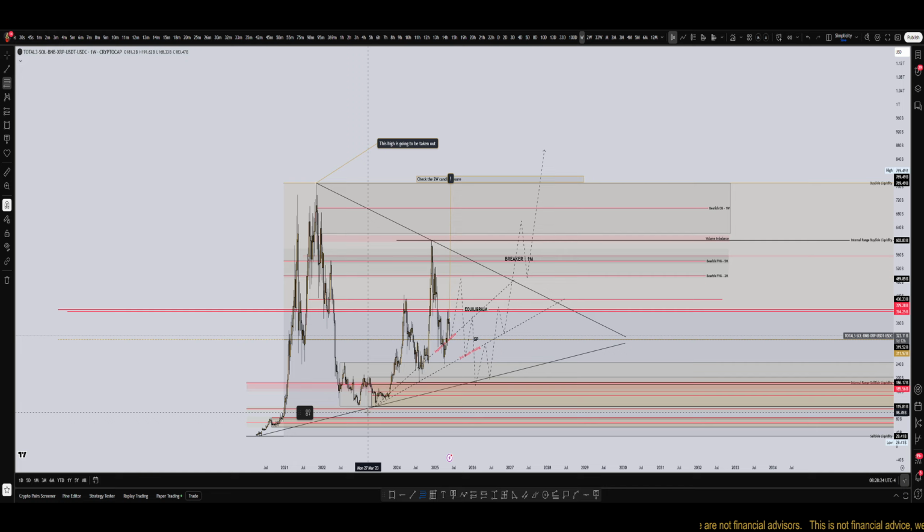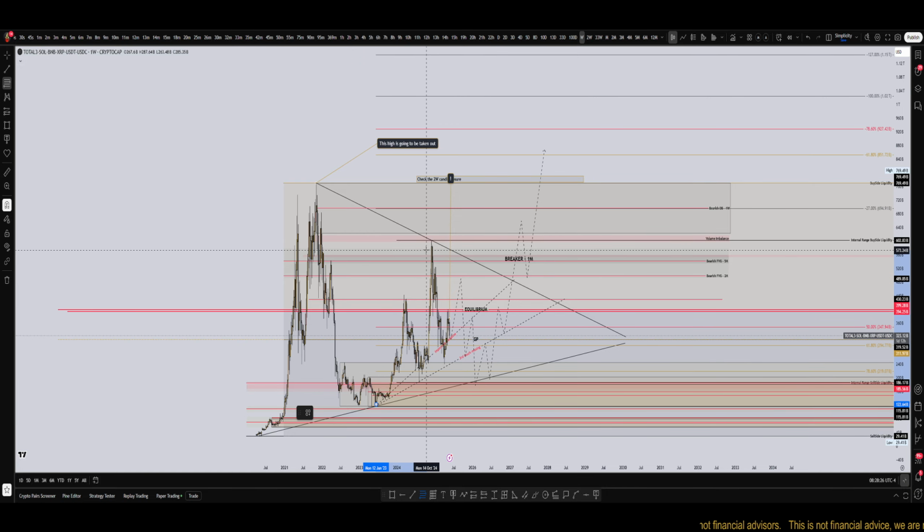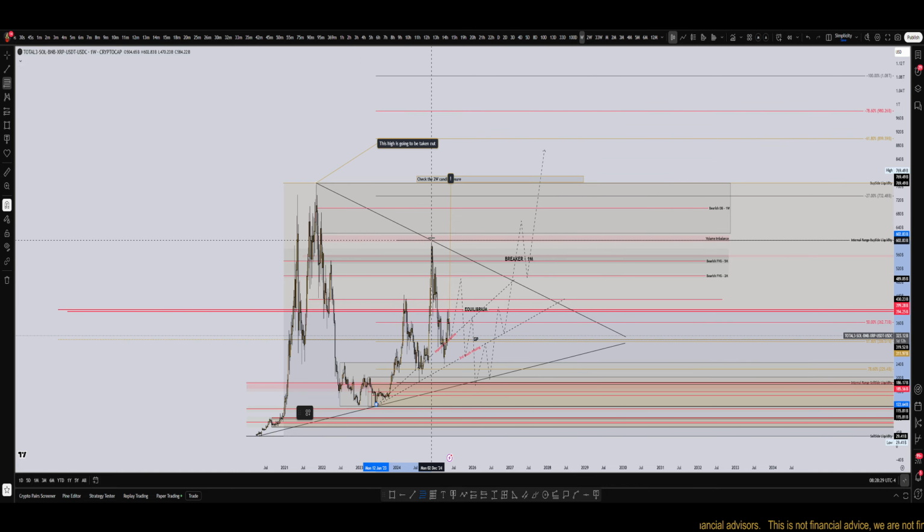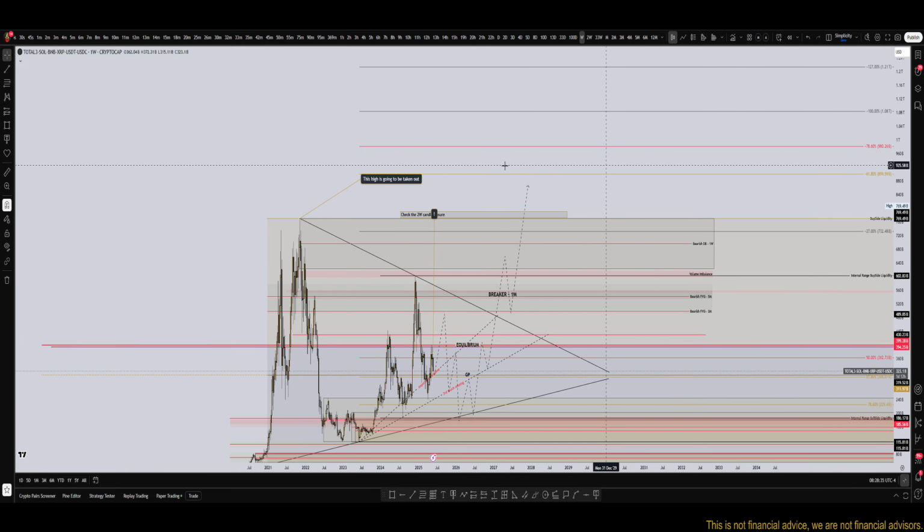Let's see also from Fibonacci perspective, from low to high. This region right here is where the 78.6% is at. This will be upper targets that we are now getting. We got a trend line here that we now can create.